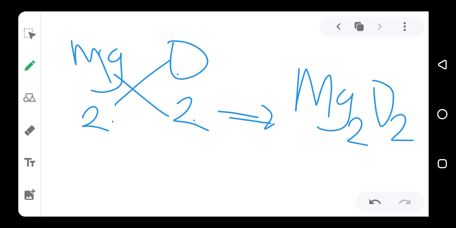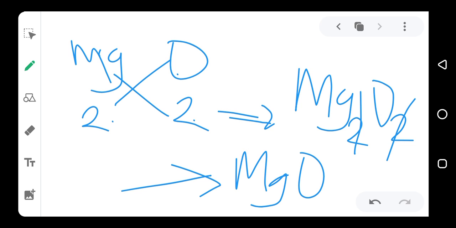Now what will happen is that if we have the same valencies here, they will cancel each other. So this cancels this. So the final chemical formula is MgO. So the formula of magnesium oxide is MgO.